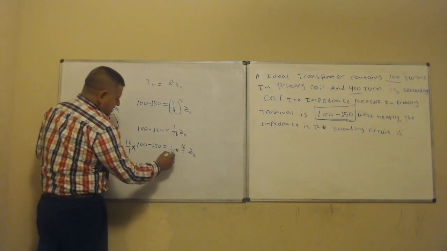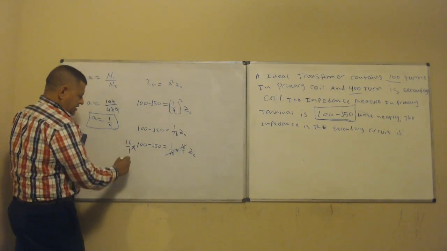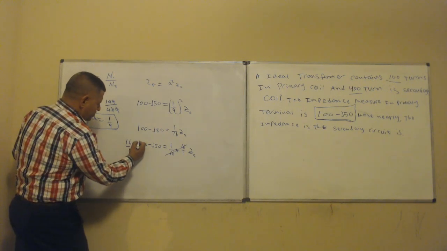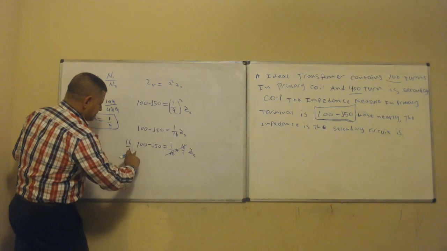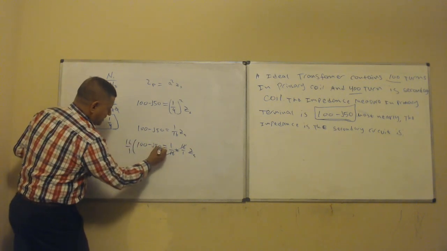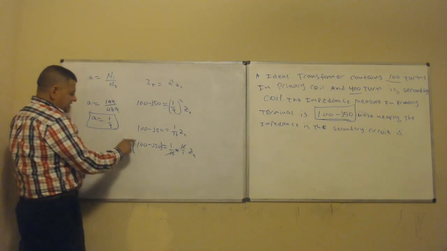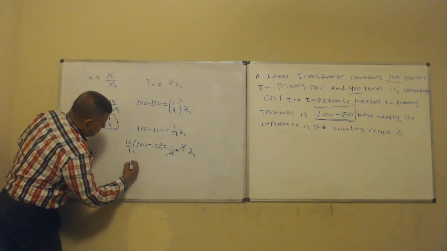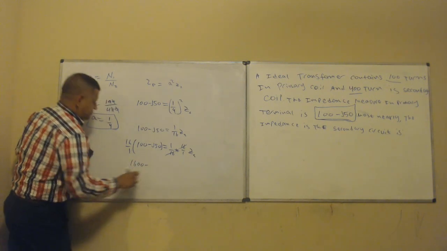so this guy cancels out, gone. And then what I can do is put parentheses around here, multiplying that guy. When I multiply this times this, it is equal to 1600, right?